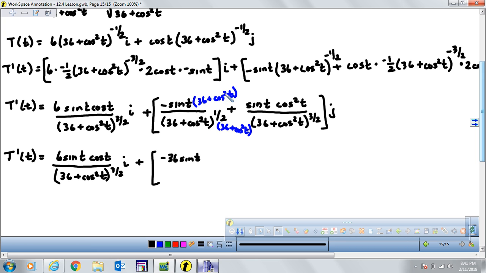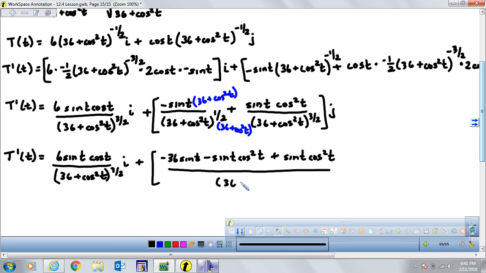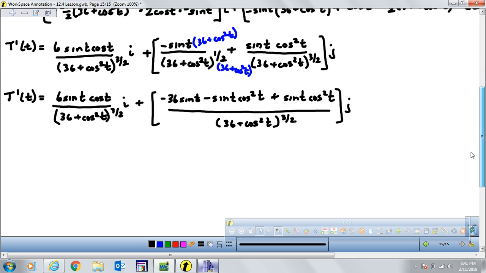Negative sine of t times cosine square of t would be minus sine of t cosine square of t. Then plus this guy right here, which is sine of t cosine square of t, everything over the same denominator, which is 36 plus cosine square of t raised to the 3/2 power. And that is my j component.